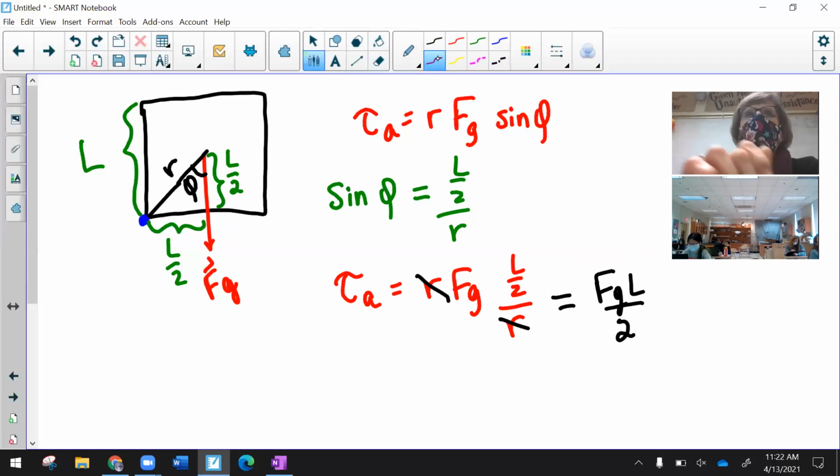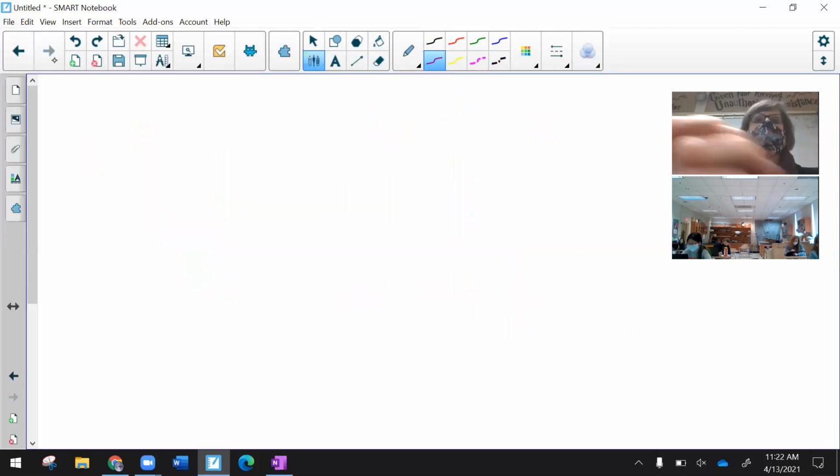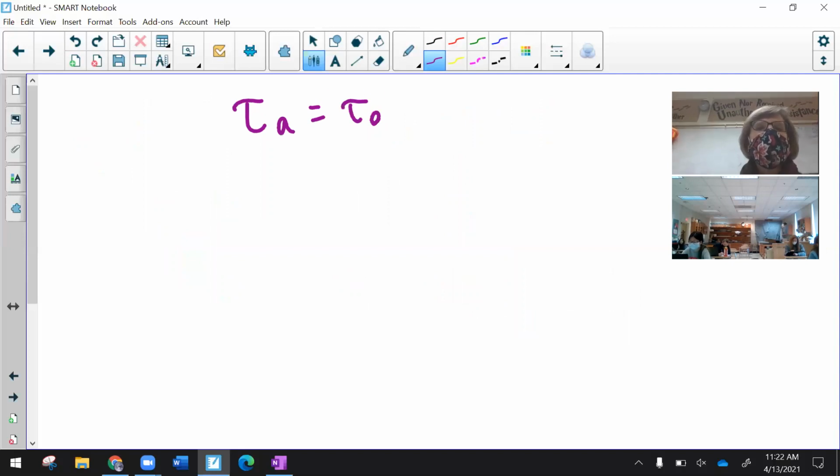Okay, we good? All right, so back to the problem, which says that tau applied is equal to the tau due to gravity. So tau applied was the applied force times h. Tau due to gravity was the weight times L over 2.